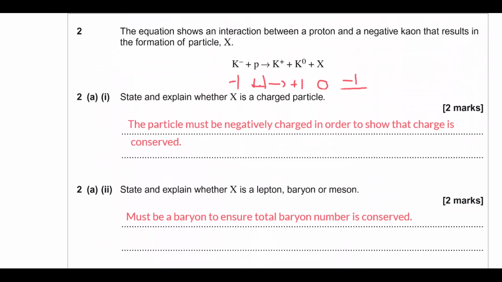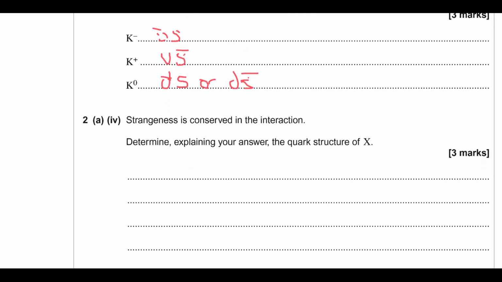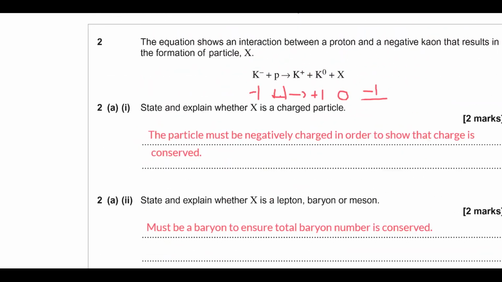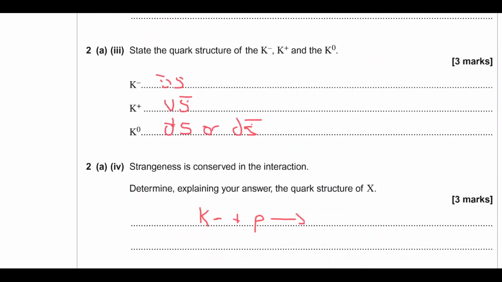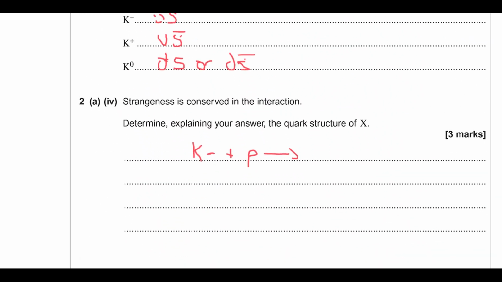So strangeness is conserved. Let's rewrite the equation so we can map it out. So we've got a K minus and a proton, and that produces K plus, K0, and something plus blank.